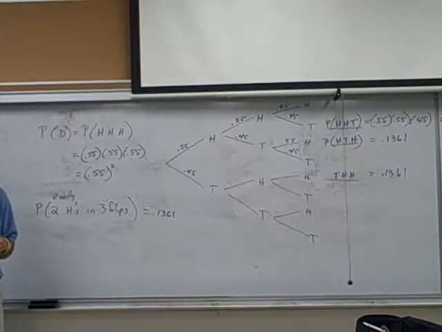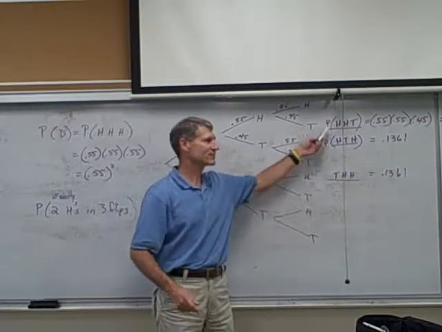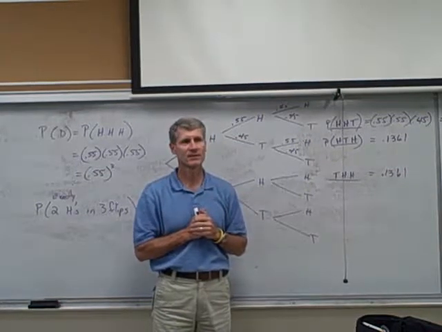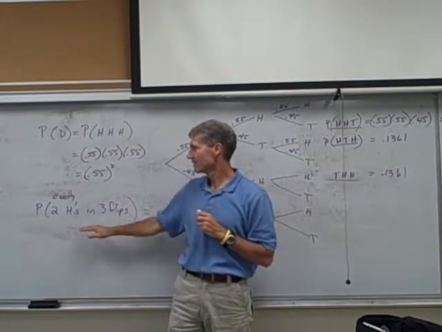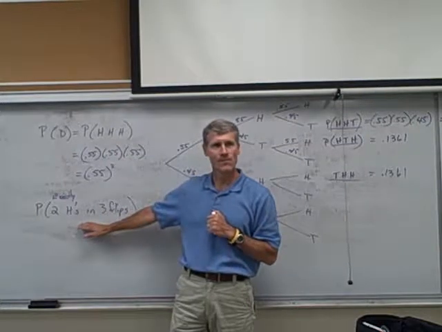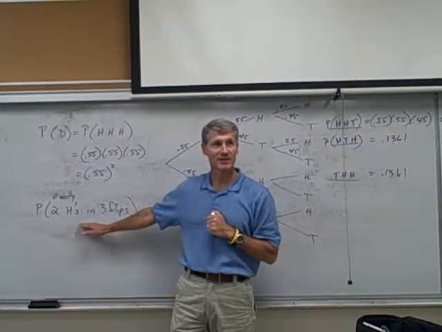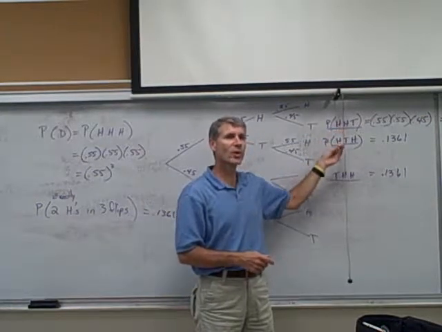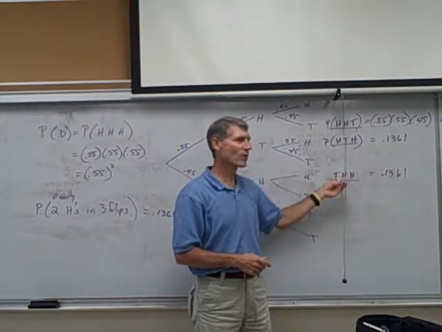All those have 2 heads. All of these have 2 heads. So, is this an and statement or an or statement? It's an or statement. Because I can get 2 heads on this branch, or on this branch, or on this branch.